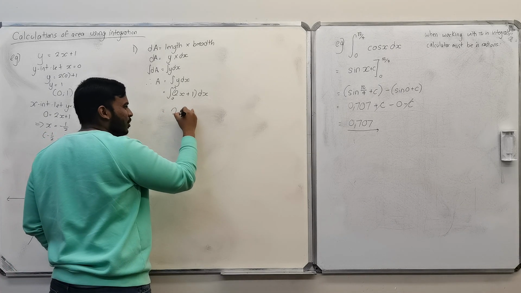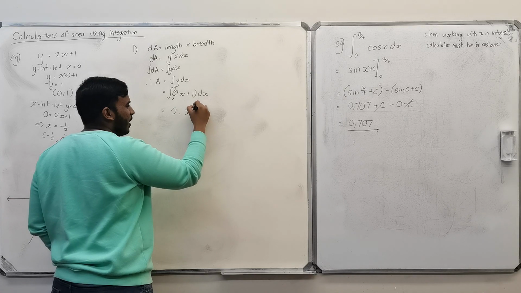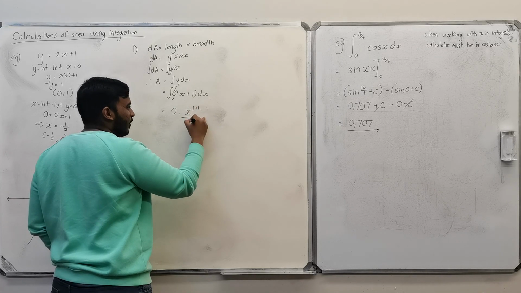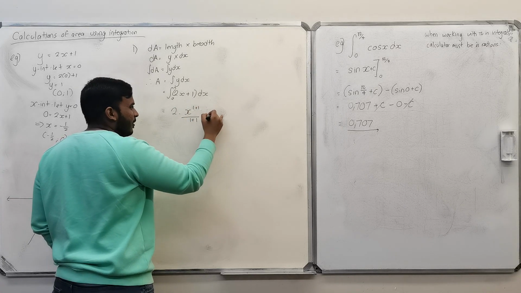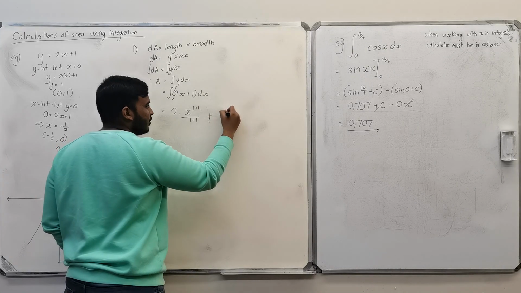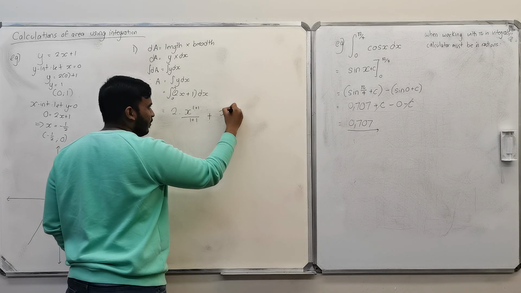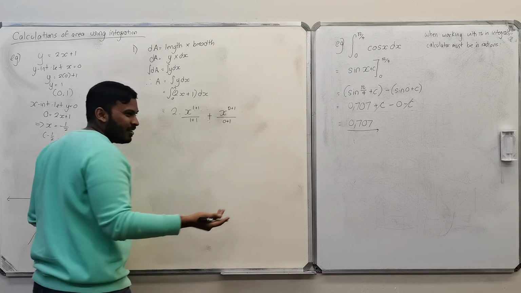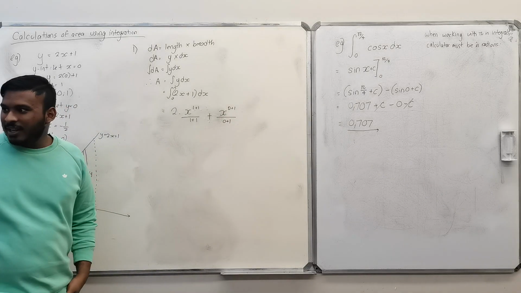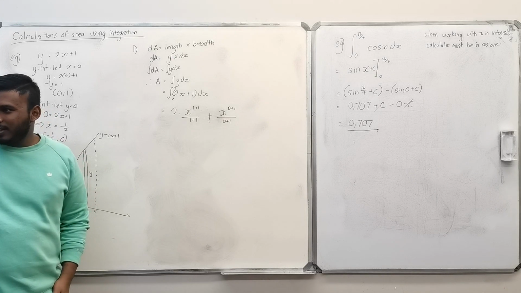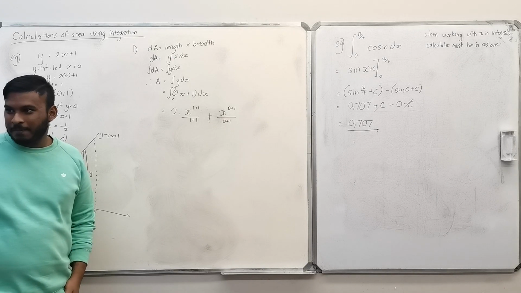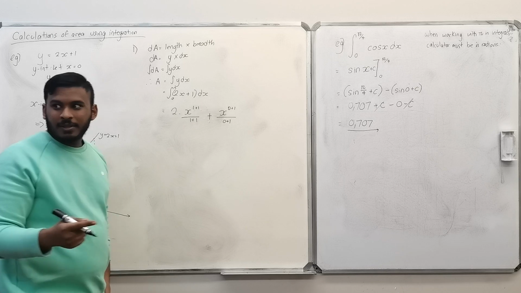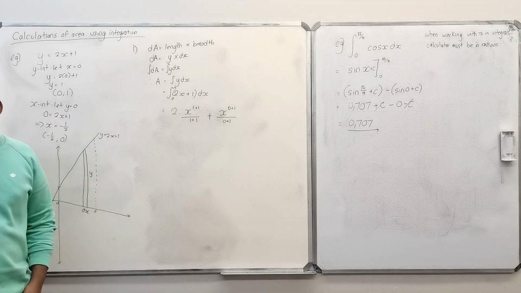So this is 2 times x to the power 1 plus 1 all over 1 plus 1, plus x to the power 0 plus 1 all over 0 plus 1. Remember, 1 is x to the power 0.